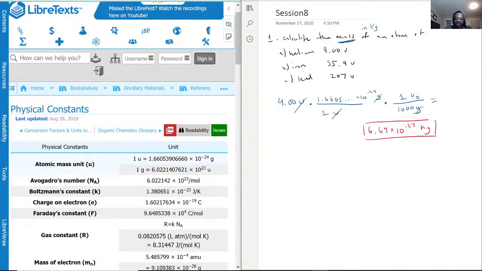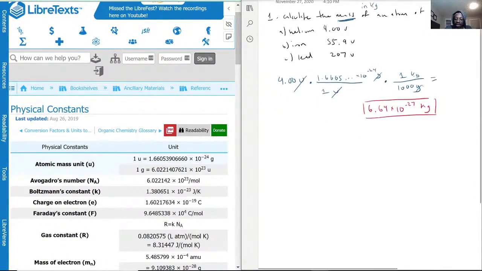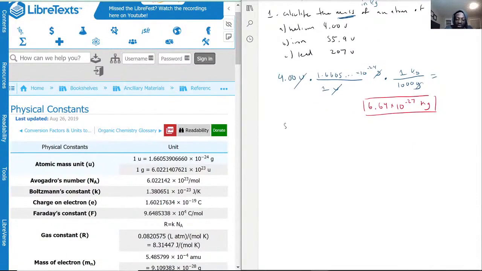Now we do the same exact thing, but this time with the iron value of 55.9. So it'd be the same thing: 1.6605 times 10 to the negative 24 grams equals 1 atomic mass unit, and 1 kilogram is equal to 1,000 grams. Now let's see what we get for that one.